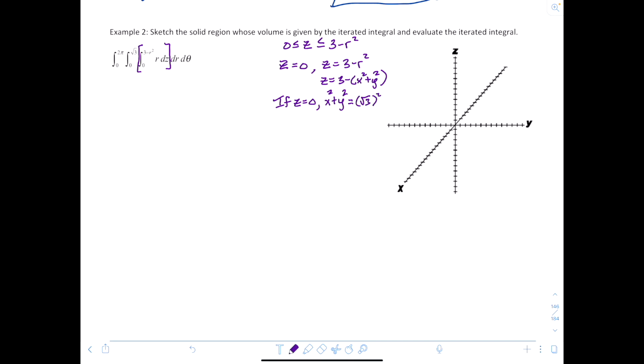And so that's a circle with radius root 3, right? And what is root 3 approximately? 1.73-ish, right? So in the xy plane, we're going to have a circle of radius approximately 1.7-ish. So let's just say each of these is equal to a half.